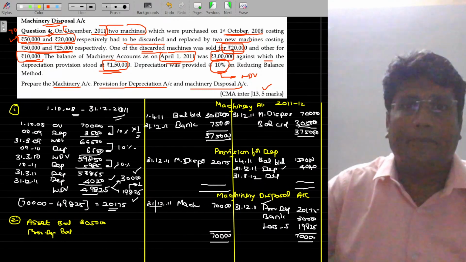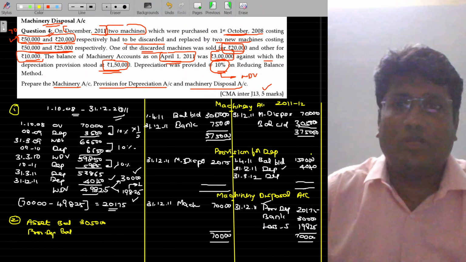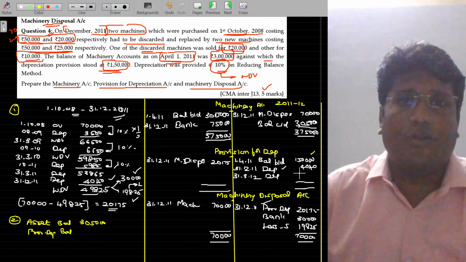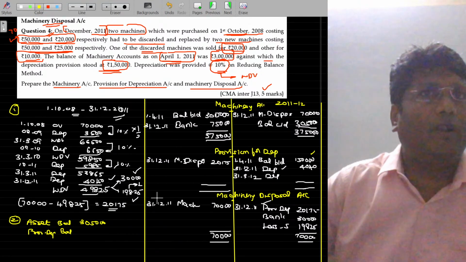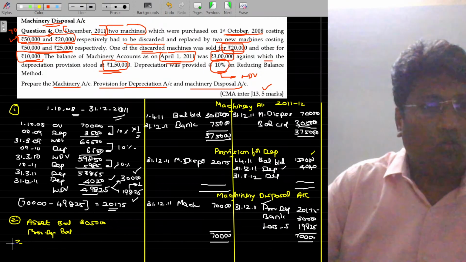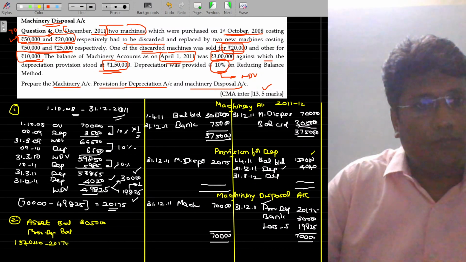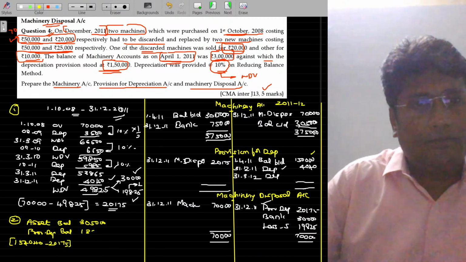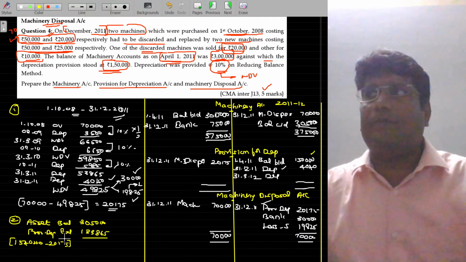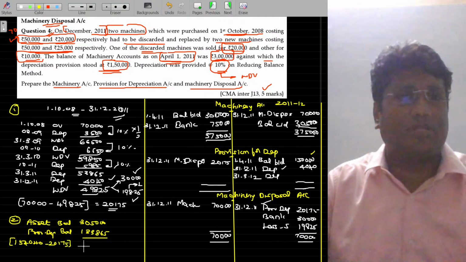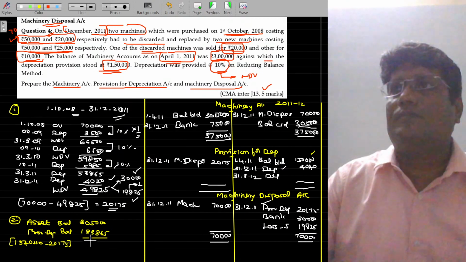How much is that? 1,59,040. From there we have to subtract 20,175. 1,59,040 minus 20,175 is 1,38,865. From the original value of the asset, if you subtract the accumulated depreciation, the balance is nothing but what?